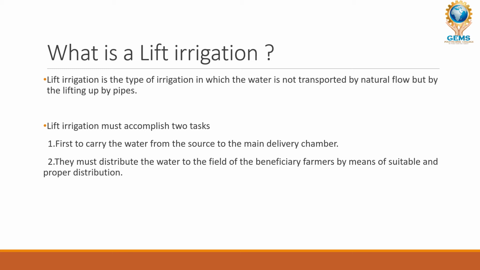Second, the water distributed to the field should be beneficial to the farmers. By suitable and proper distribution, you have to decide what type of pipeline you are going to construct, at what distance, and what material you are going to use, so that it is beneficial to the farmers.